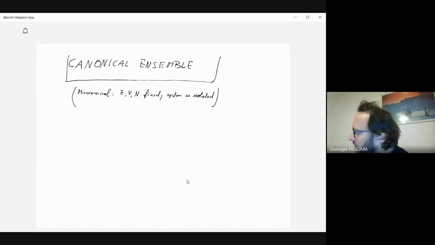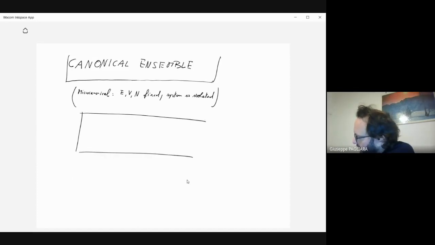Now, the canonical ensemble is actually more useful when dealing with systems in which interaction is present, because as I said before, computing that volume in presence of interaction becomes very complicated, and it is much better to work in the canonical ensemble. What is the canonical ensemble? Basically, the idea is the following, is to consider a system which I call T, say the total system.